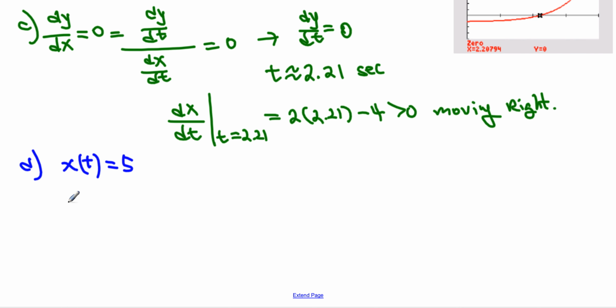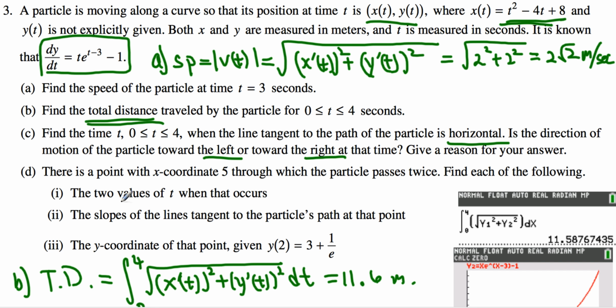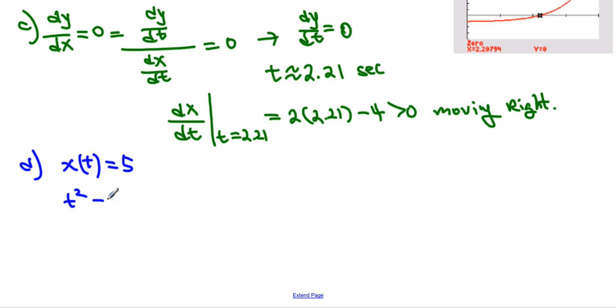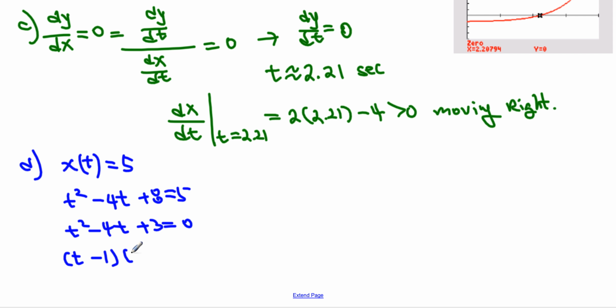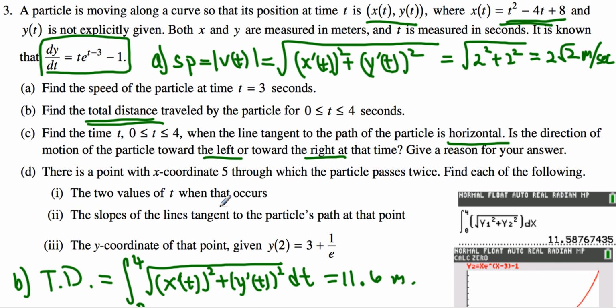Then we can easily see that t squared minus 4t plus 8 has to be equal to 5. Then we get t squared minus 4t plus 3 is equal to 0. Then we know that (t minus 1)(t minus 3) has to be equal to 0. So t becomes 1 or 3. And those are the two values of t that will happen.